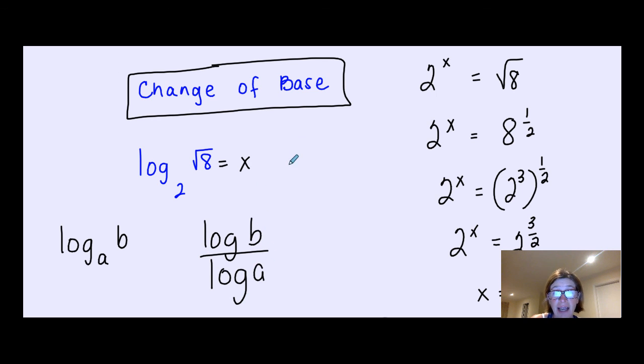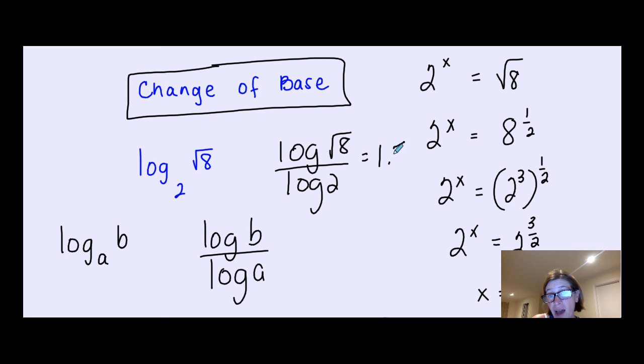So in this case, I don't have to set it equal to x. I could use the change of base and see what happens and get log root 8 over log 2, getting 1.5, which is the same as 3/2. So that would be a nice, quick, easy way if you remember the change of base. The change of base formula is a way for you to take a log expression and make it a log base 10 so you can use it on your calculator.